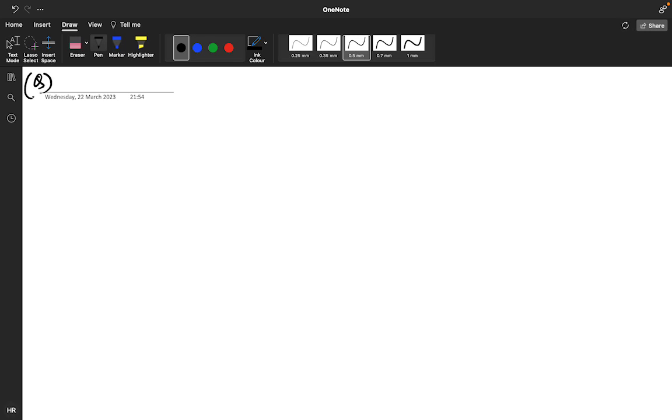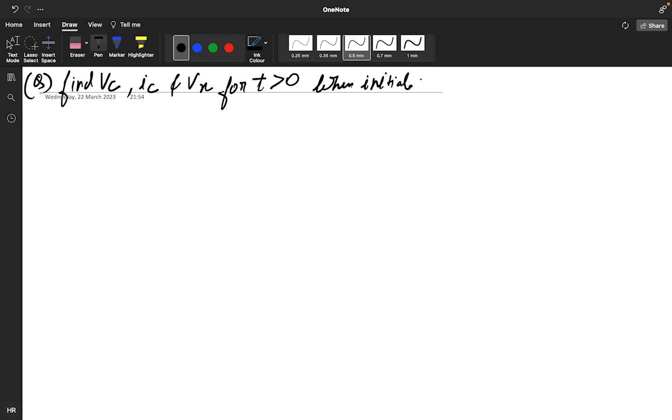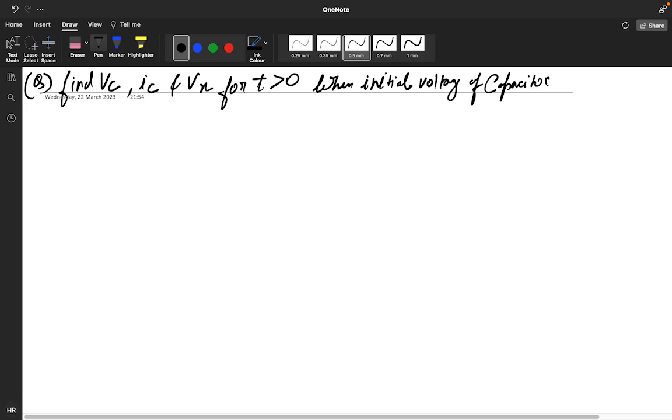The question is, you need to find Vc value, Ic value and Vx value for time greater than 0 when the initial voltage of the capacitor is 3 volt. Okay, initial voltage of the capacitor is 3 volt.